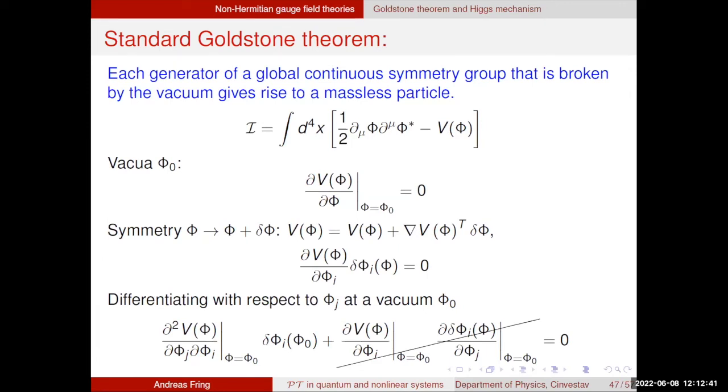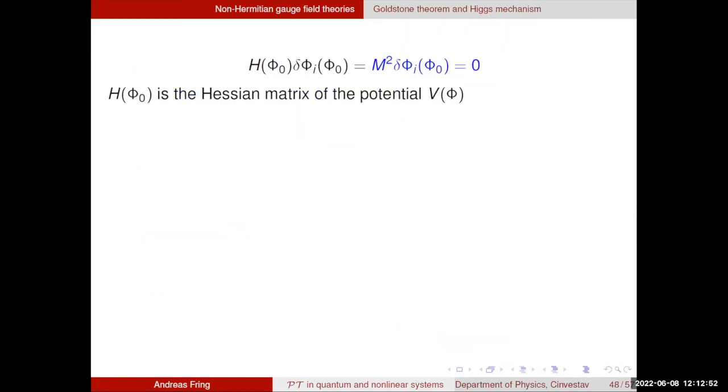And you recognize here, this is the Hessian, and the Hessian is the mass matrix, or the squared mass matrix. So this is the first order term, this is the Hessian. So I write it down here. So this is the equation. This is the Hessian, which I replace now as m squared times this symmetry differential.